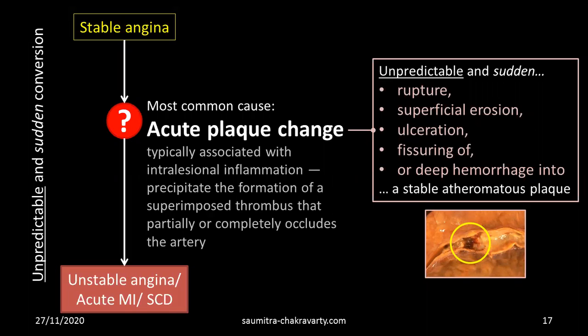Like if you have an old laptop or mobile phone, it becomes increasingly slower and slower. If you restart it, it will take a long time, and it progressively becomes so slow that you have to replace the device. It's something like that, unstable angina.